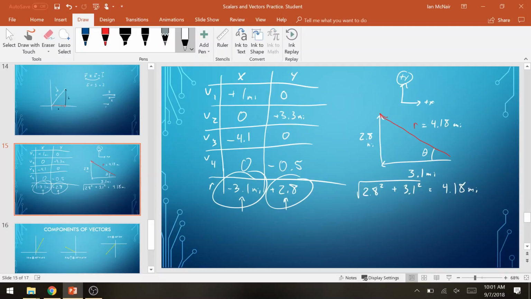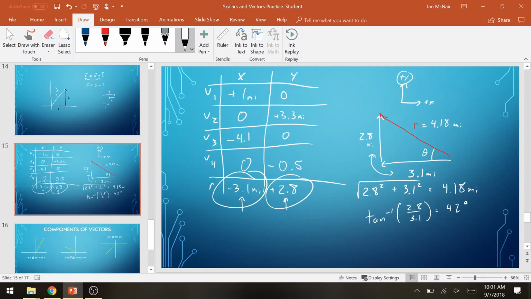And for the angle, we'll just use these two. So we just use tangent for now. So do the inverse tangent of 2.8 over 3.1. What do we get for that? 42 degrees. And the last part is we just want to add a frame of reference. So where are we measuring from?